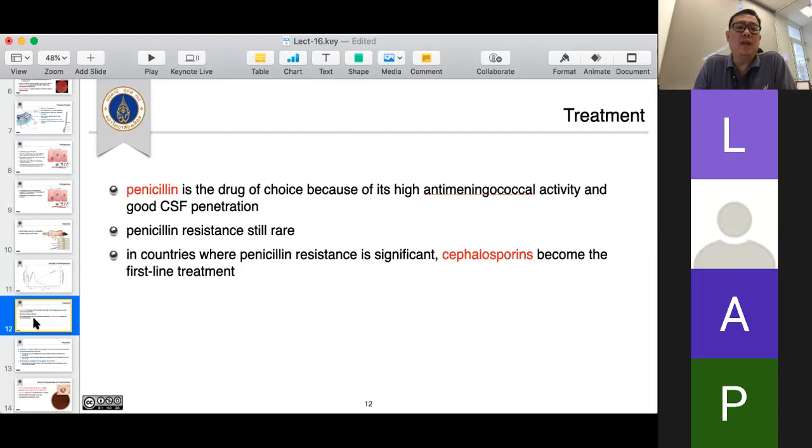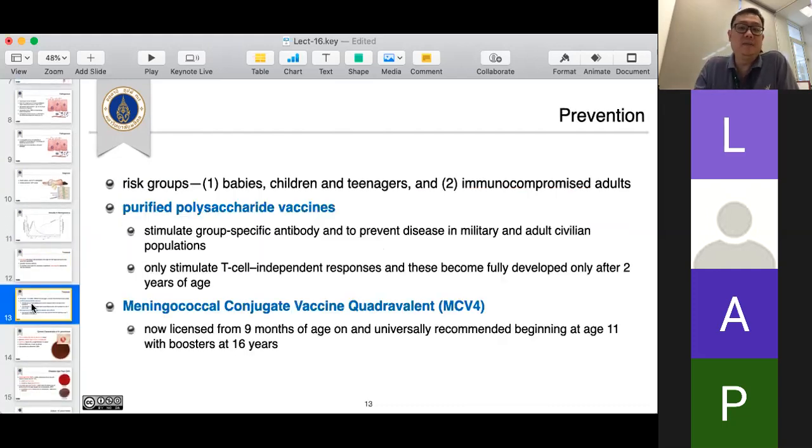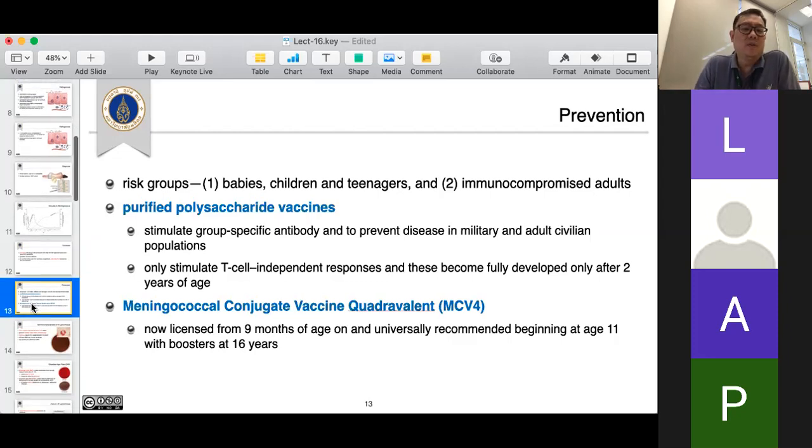We are lucky that penicillin resistance is very rare in Neisseria meningitidis. Okay. Prevention, we have vaccines: the purified polysaccharide vaccine for children and the conjugate vaccine for adults.